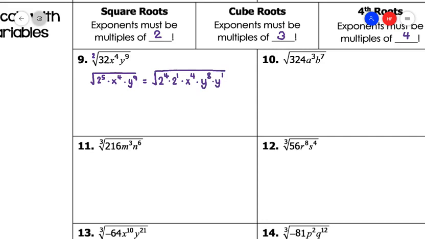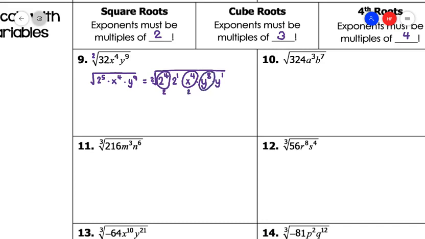So now when I'm taking out my powers, I'm going to take out 2 to the 4th. But I need to be aware of how many times I'm taking out 2 to the 4th. Since my index is 2, divide that power by 2, and I'm taking out 2 pairs. Same thing with my x to the 4th. My power is 4. 4 divided by 2 is 2.